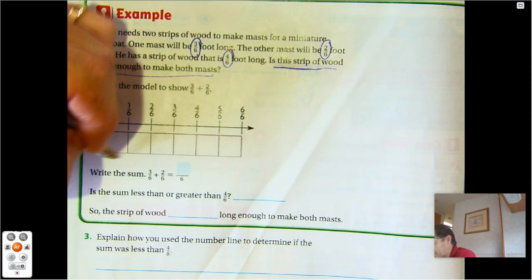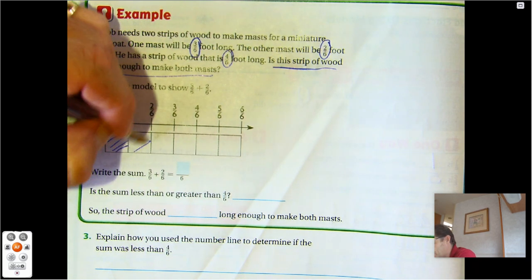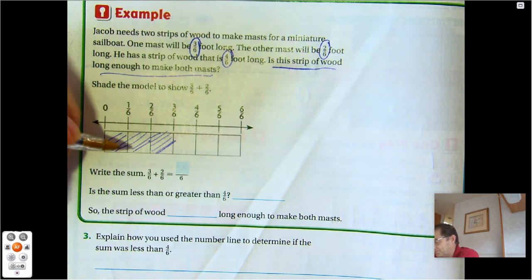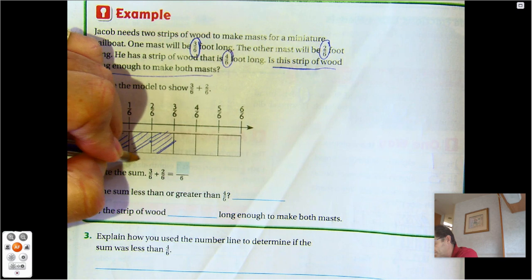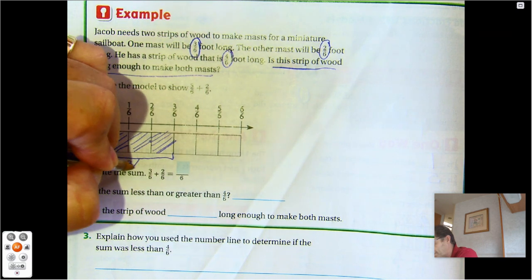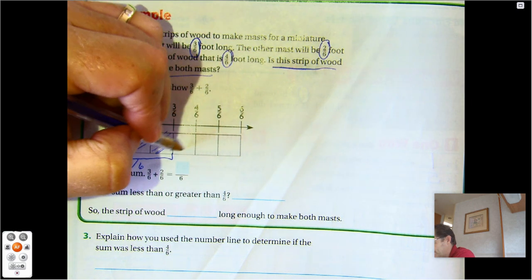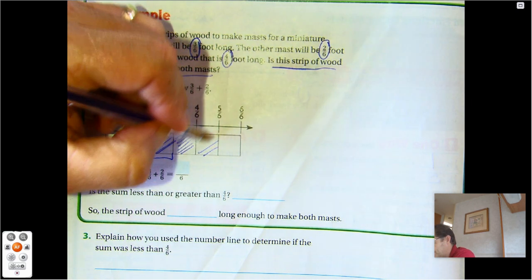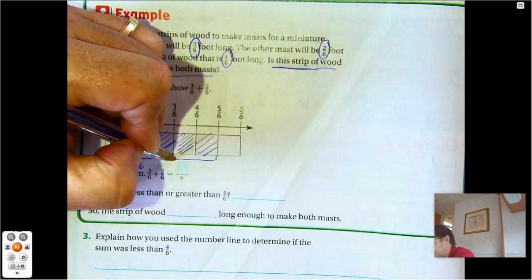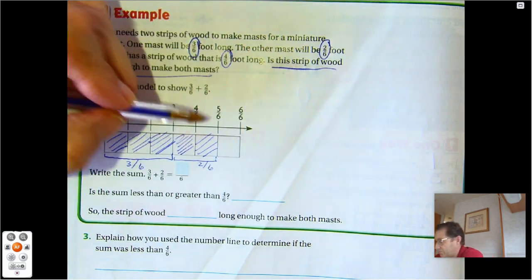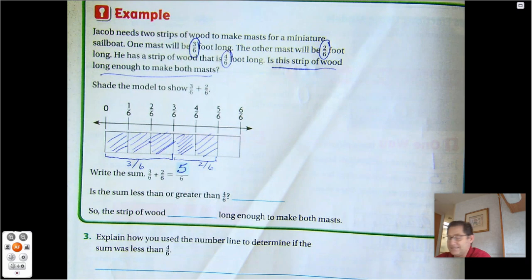So we have the first one, which was 3/6. And then we have to add 2/6 for the other one. And so 3/6 plus 2/6 equals 5/6.